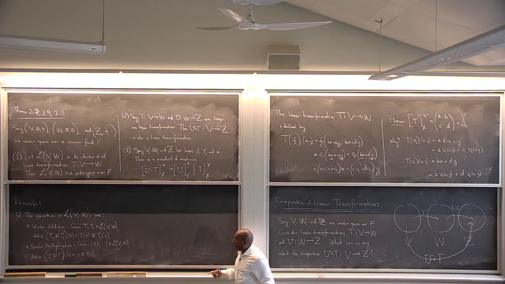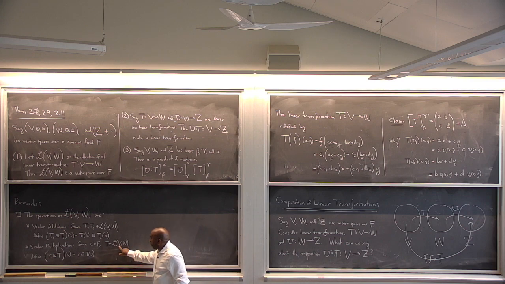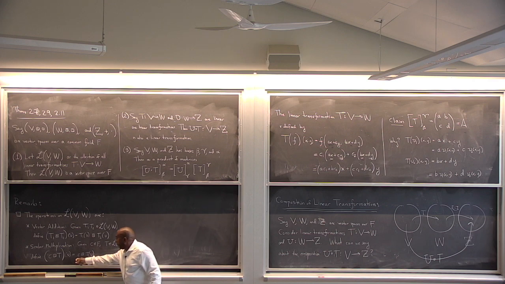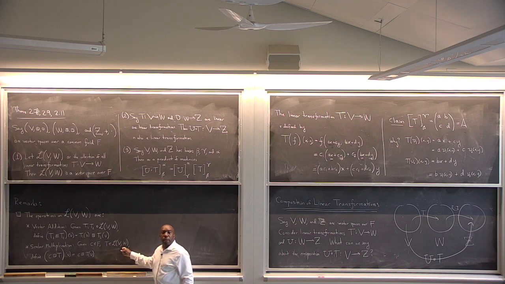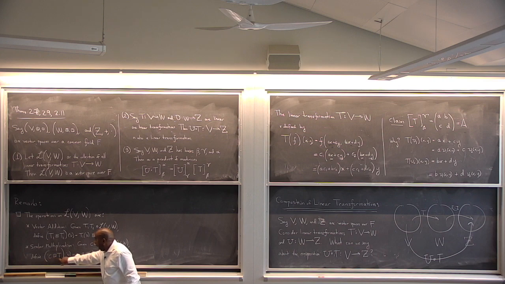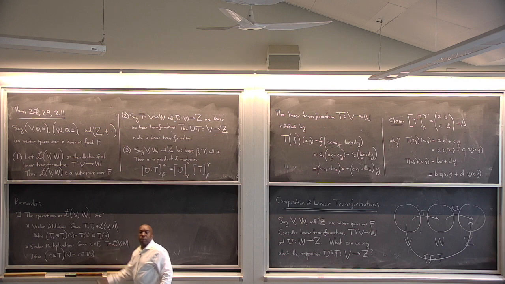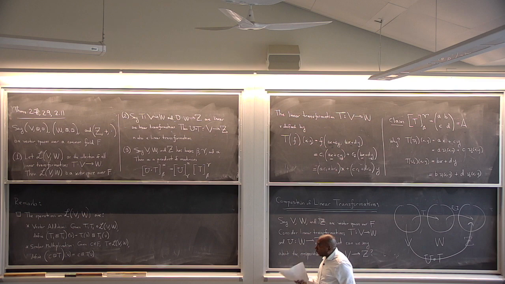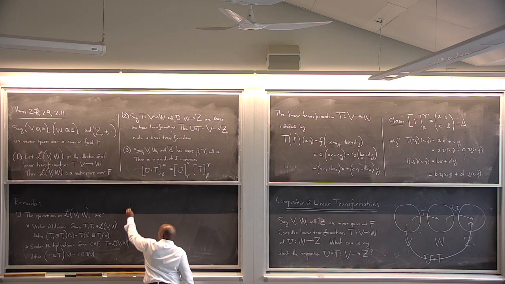So again, given a vector V inside of capital V, I know what T of V is, that's some vector in W, and I can consider the scalar multiple of that as another vector in W. So when I write C times T, I really mean that linear transformation that takes V to the scalar multiple. So again, I have a square box that's an operation on linear transformations, and then I have another square dot that's an operation also for this linear transformation. So we'll try to see examples of this later.